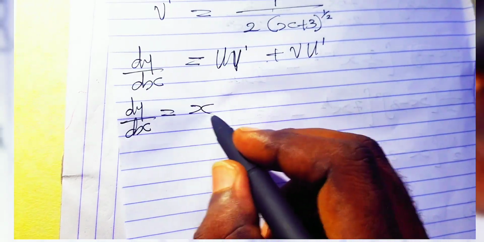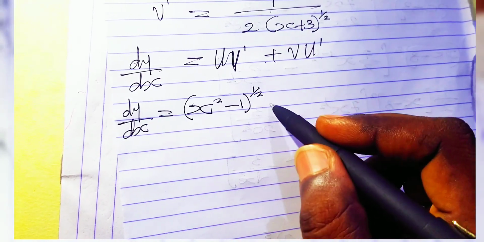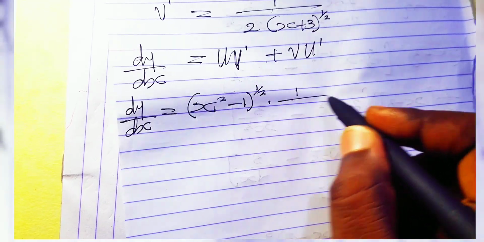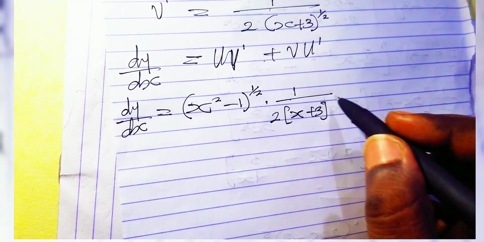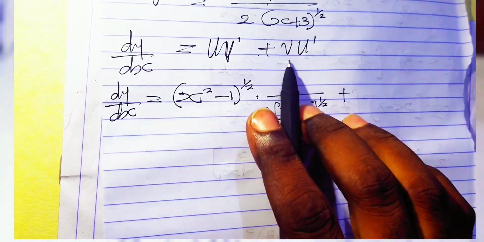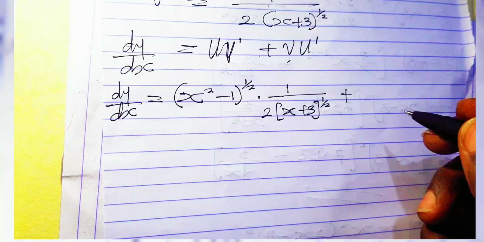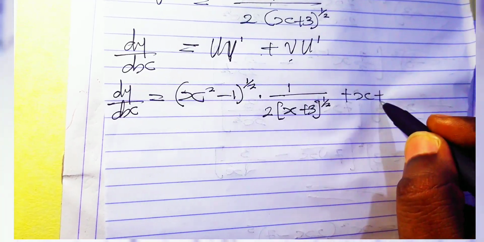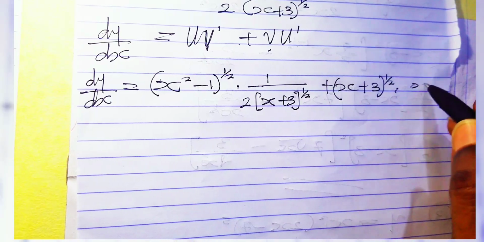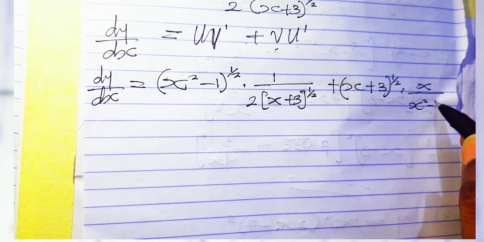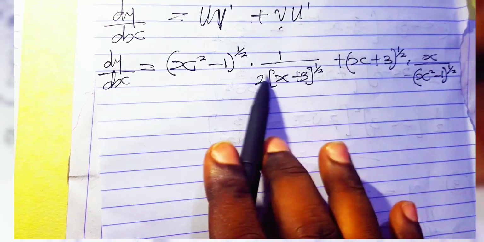So this is going to be x squared minus 1 raised to the power of 1 over 2, multiplied by 1 over 2 times x plus 3 raised to the power of 1 over 2, plus v. Don't forget that our v is x plus 3 raised to the power 1 over 2, multiplied by x over x squared minus 1 raised to the power 1 over 2. And then we need to be very careful in sorting this out.